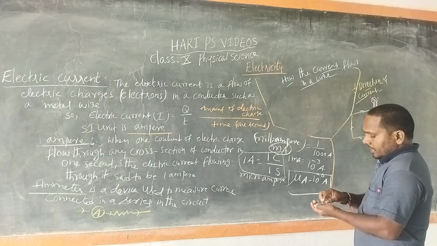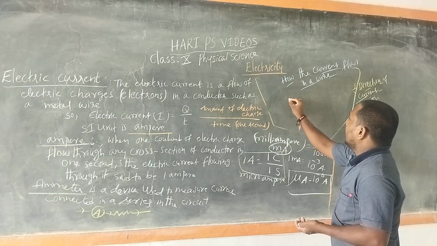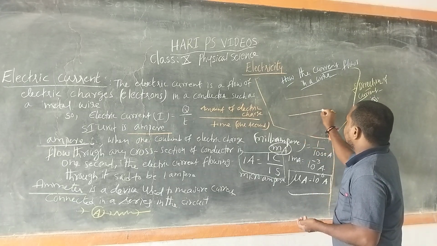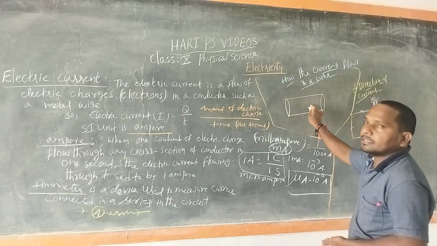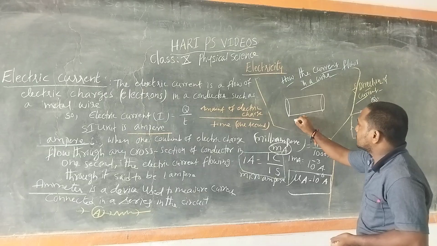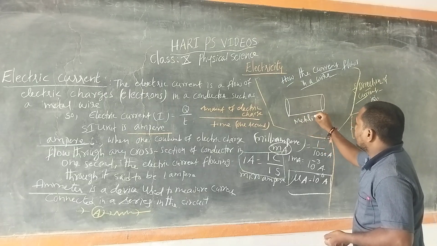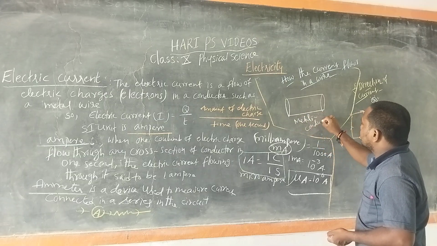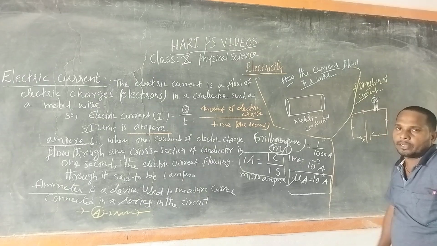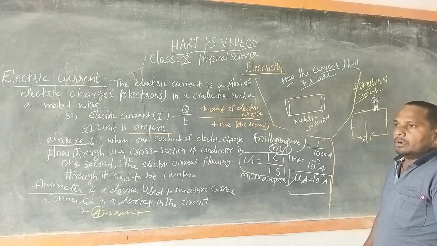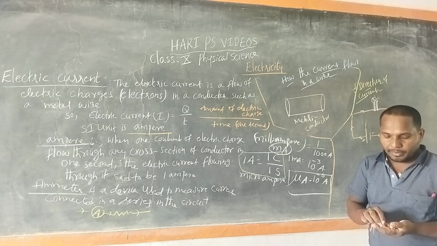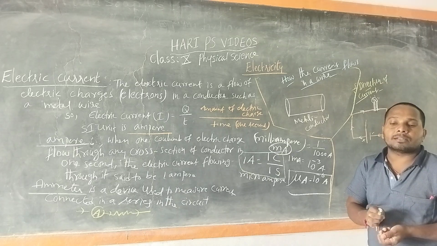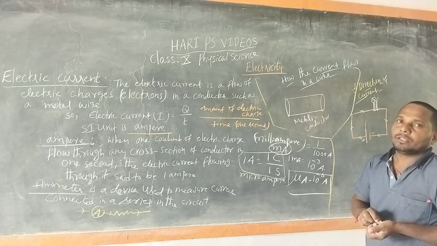As we discussed earlier, a metallic conductor has some cross section. Consider that this is a metallic conductor, or simply a metal wire. Metals are good conductors of electricity because free electrons are present.